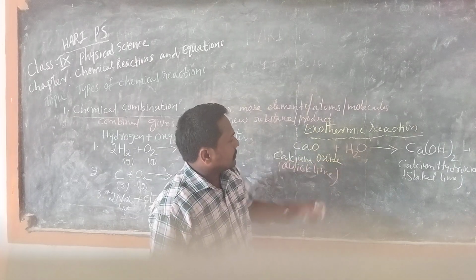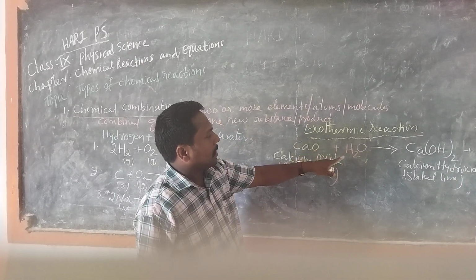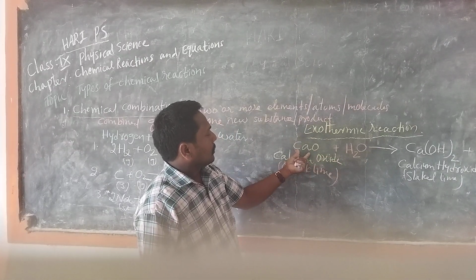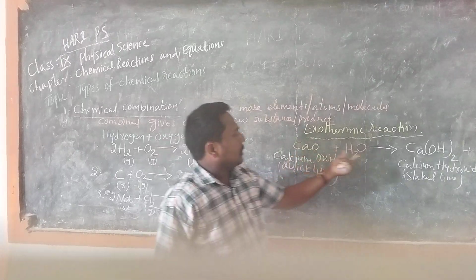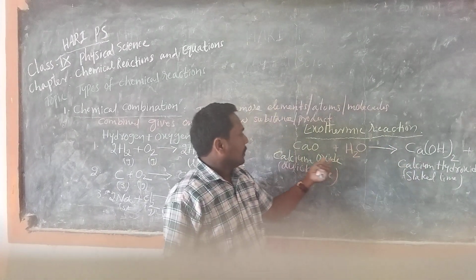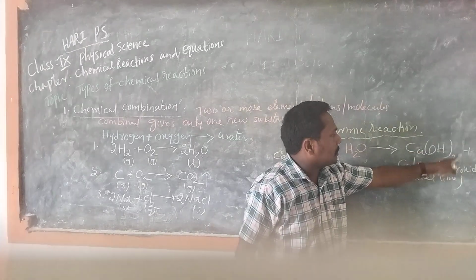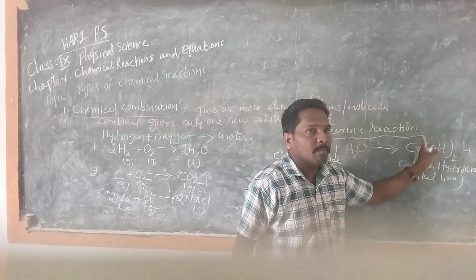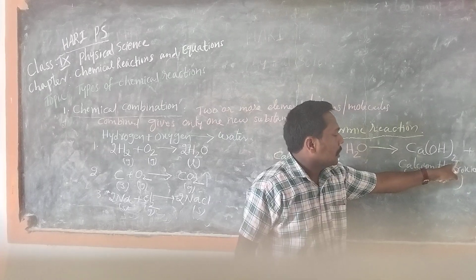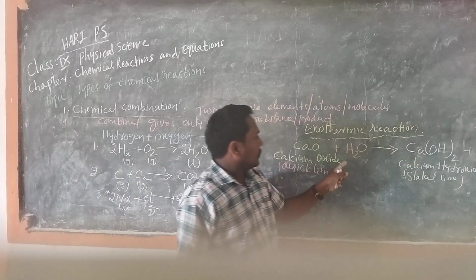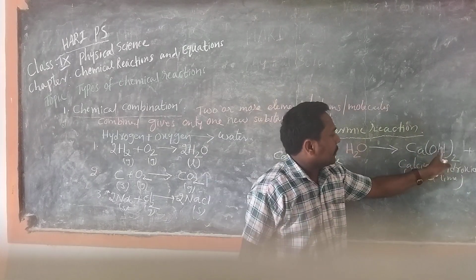So observe, is it a balanced chemical equation or not? Reactant side calcium is 1 and product side calcium is also 1. Oxygen is 1 plus 1, 2. Here these two represent the OH group, so 2 into 1 is 2. Then hydrogens are 2.